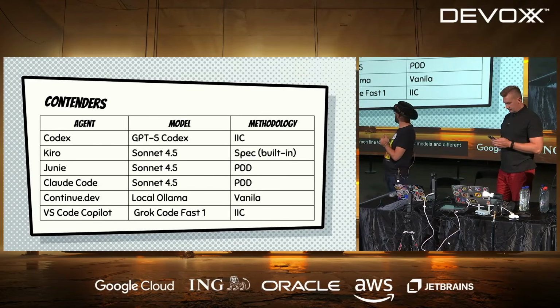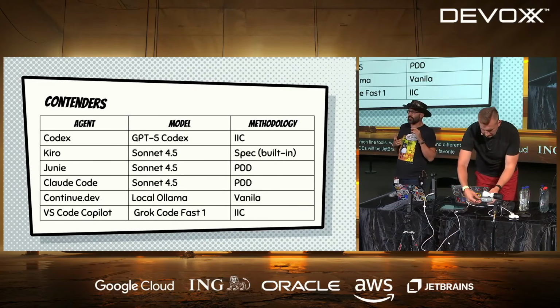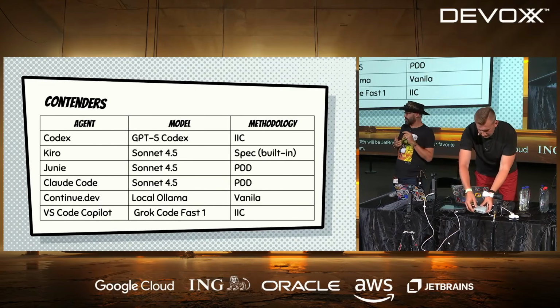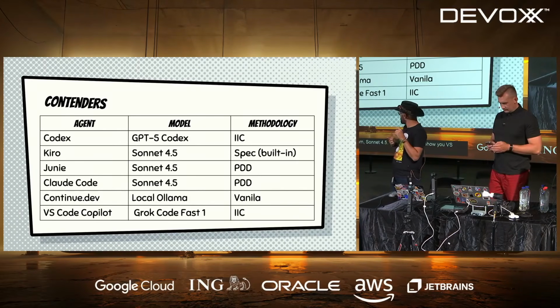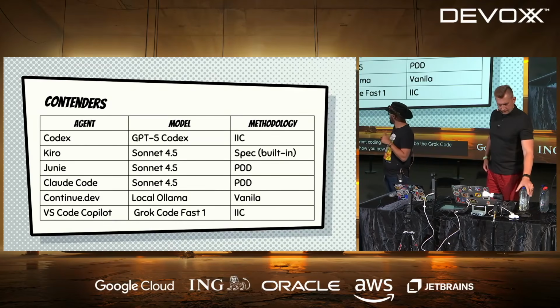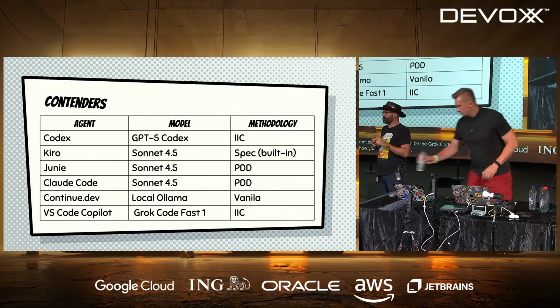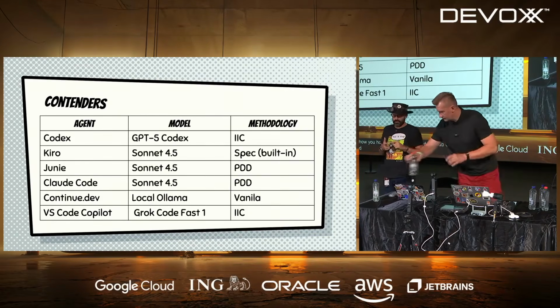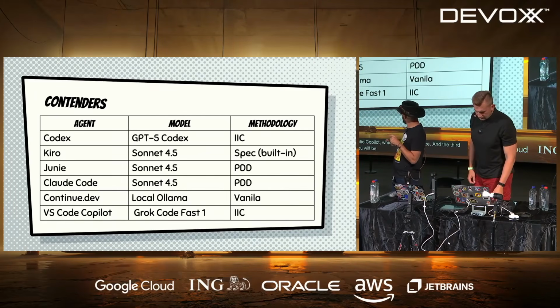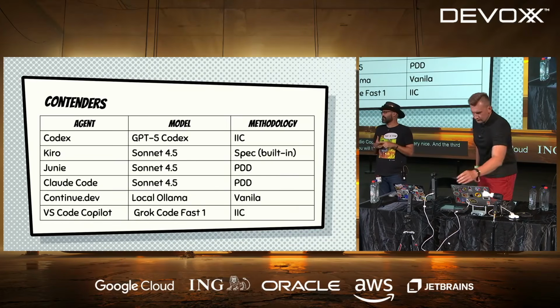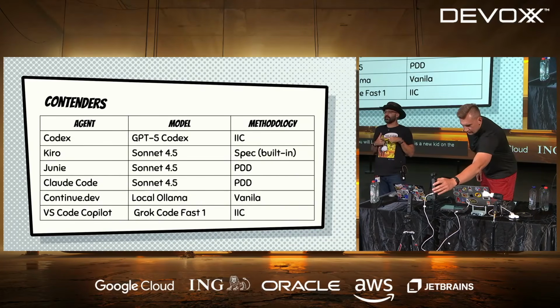The IDEs will be JetBrains with Junie on our favorite coding model right now, Sonnet 4.5. We're going to show you VS Code Copilot on a different coding model, Grok Code Fast 1. We also will show you how GitHub Copilot integrates with Visual Studio Copilot, which is very nice. The third IDE will be Kiro, a new kid on the block, very promising, does a lot of interesting stuff.